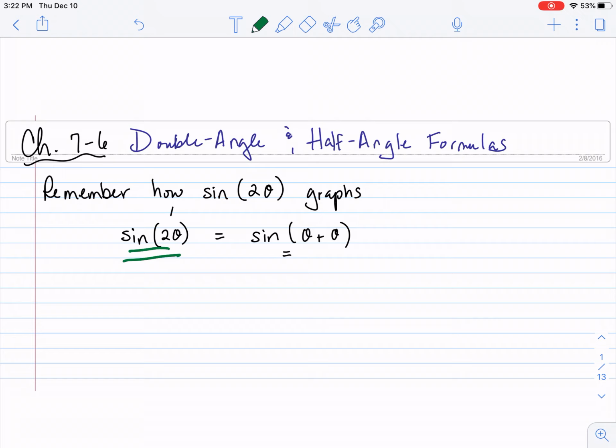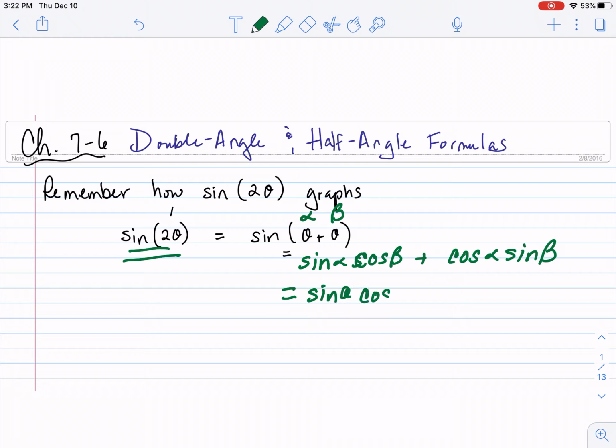If I follow that formula, this would be my alpha, this would be my beta. This would equal the sine of alpha times the cosine of beta plus the cosine of alpha times the sine of beta, which would be the sine of theta times the cosine of theta plus the cosine of theta times the sine of theta.